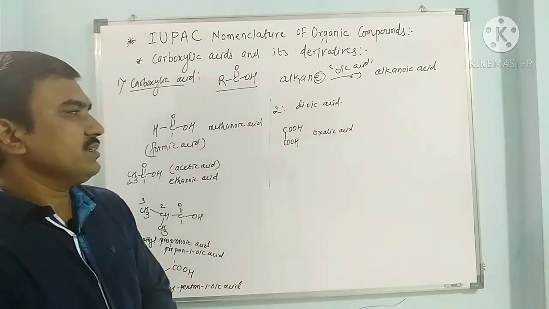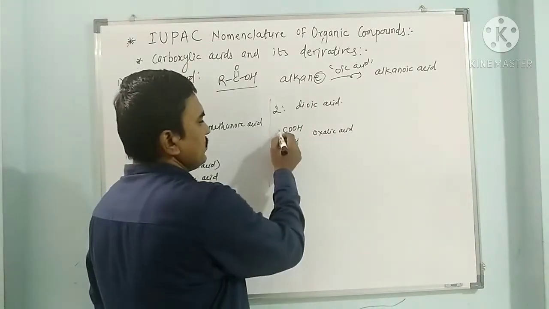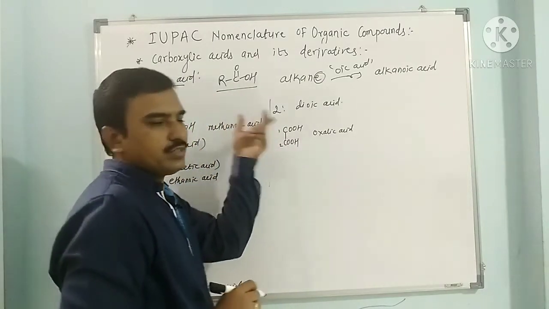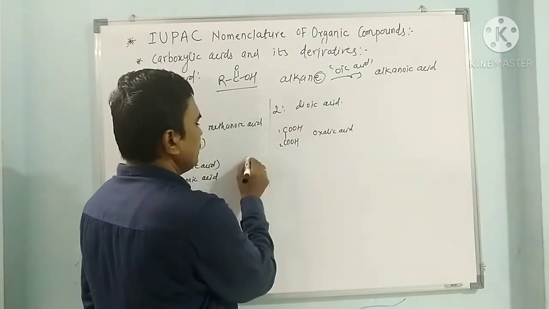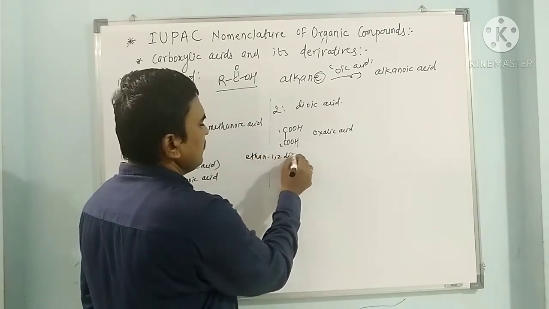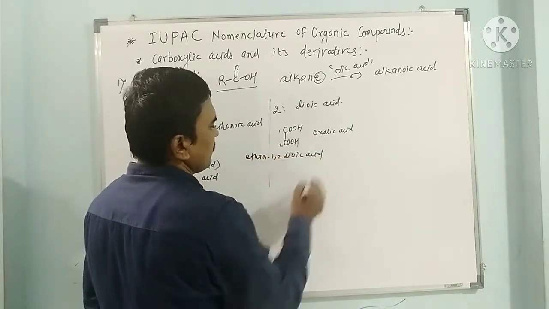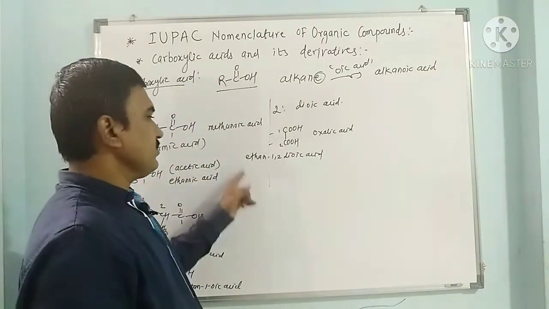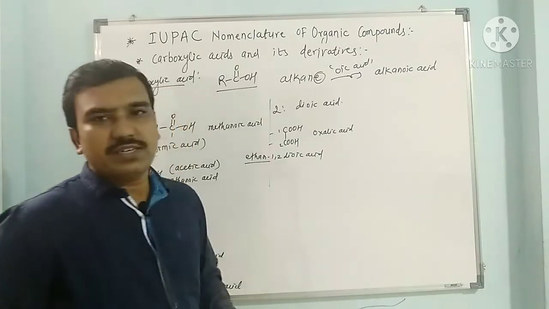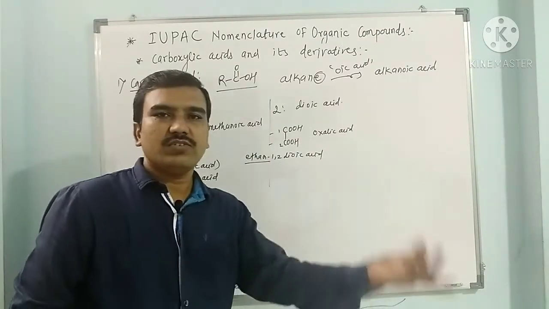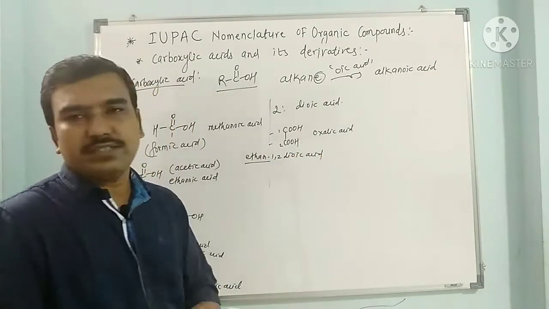How many carbons here? 1 and 2. So this is a 2 carbon compound, it belongs to ethane. So it is named ethane 1,2-dioic acid. Why 1,2? Because the first and second carbons are carboxy carbons, belonging to ethane.